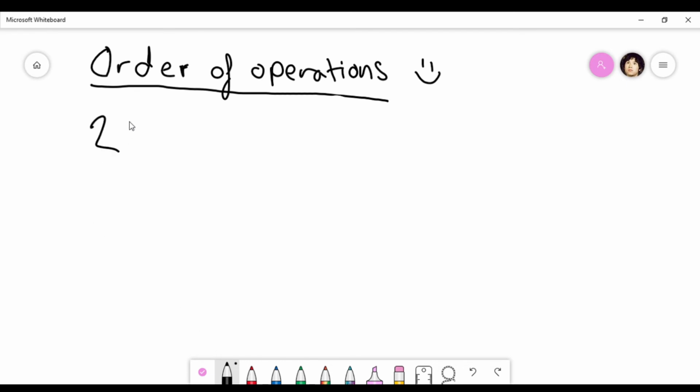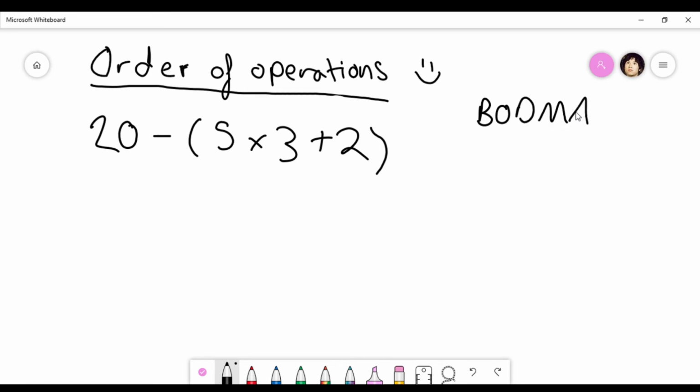So 20 minus, in brackets, 5 times 3 plus 2. So you're going to write your BODMAS in the corner and just go through it. Brackets. Okay, so we have brackets. We have 5 times 3 plus 2.